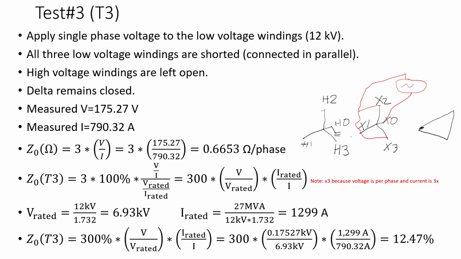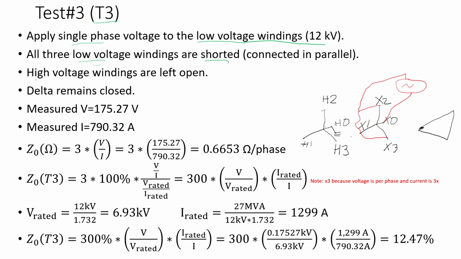Now let's go to test 3. So this is test 3. Still applying single phase voltage, but this time to the low voltage windings, so the 12 kV side. All 3 low voltage windings are shorted. So as we see from here, X1, X2, and X3 are shorted. And you see here the single phase voltage is applied to the low voltage winding shorted to X0.